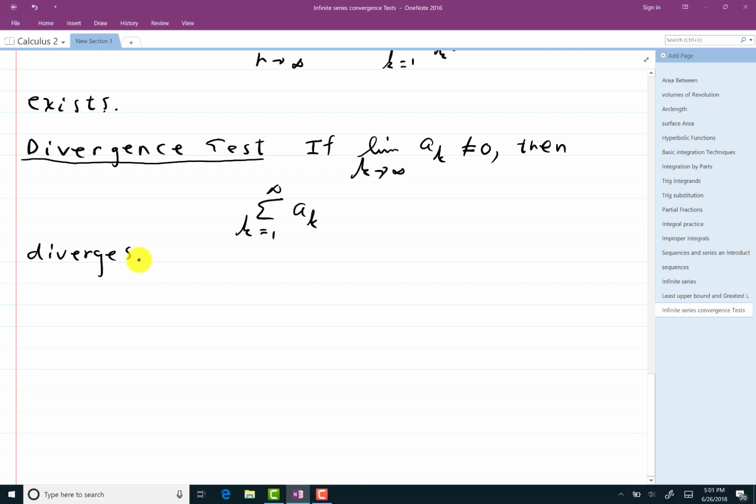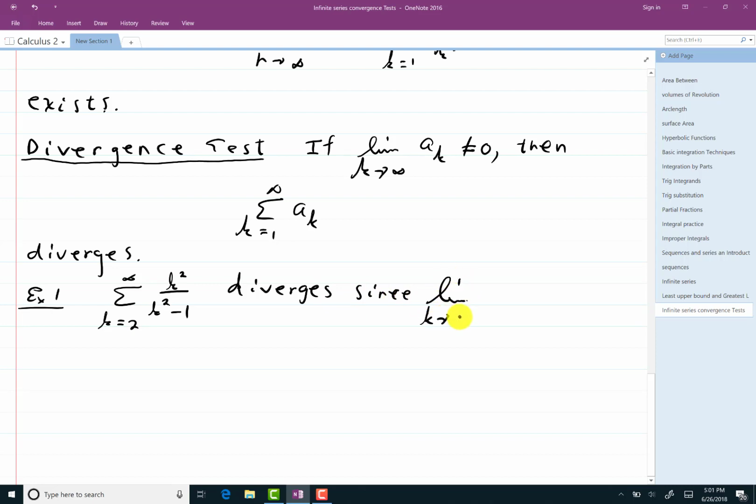So as an example, this diverges since the limit as k goes to infinity equals 1, which is not equal to 0.